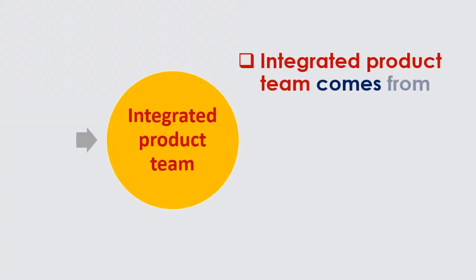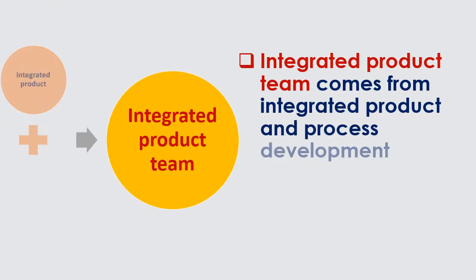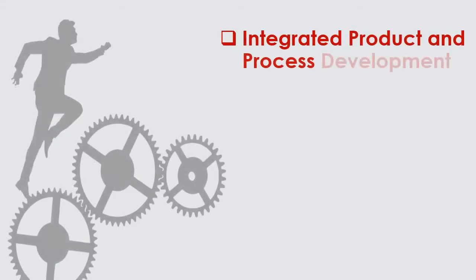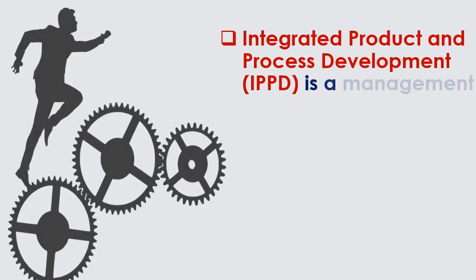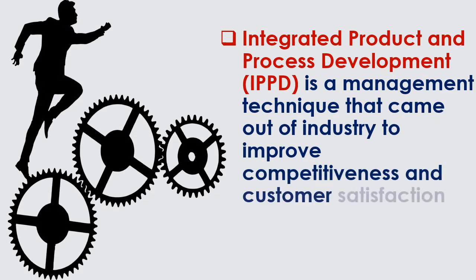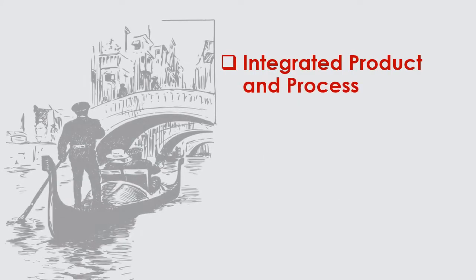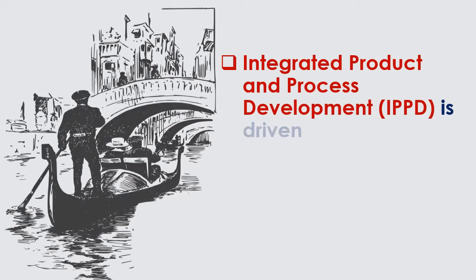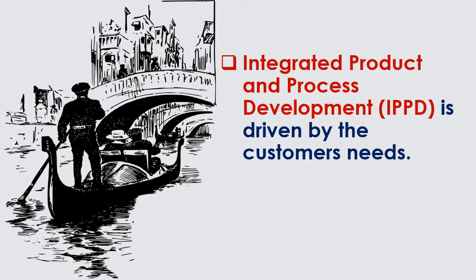Integrated Product Team comes from Integrated Product and Process Development. Integrated Product and Process Development, IPPD, is a management technique that came out of industry to improve competitiveness and customer satisfaction. IPPD is driven by the customer's needs.